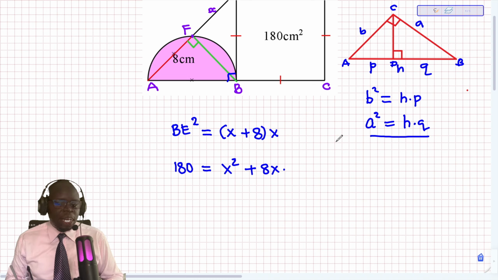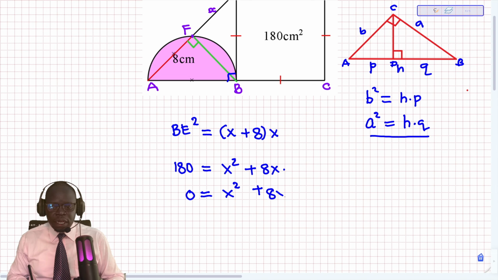Now after that, we can collect them all to one side. Taking this 180 to the other side here, we'll be left with 0, and this is the same as x square plus 8x minus 180. We have reached a nice quadratic equation, which we can rearrange so that the 0 is on the right hand side.